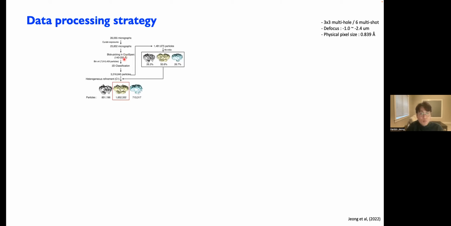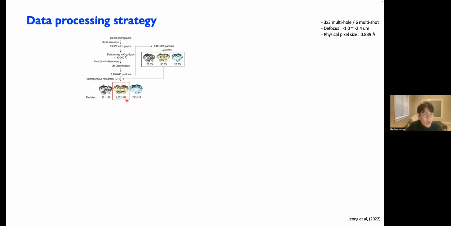I did blob picking to pick particles, and after one round of 2D classification, junk particles were removed, resulting in 3.2 million particles in total. And using the model from ab initio, heterogeneous refinement was performed.